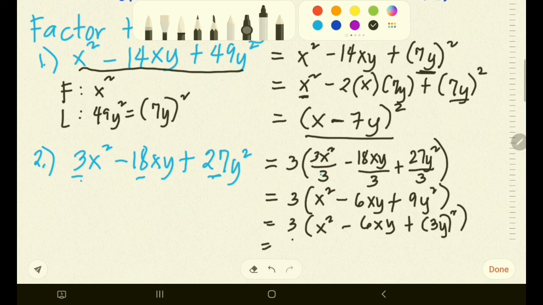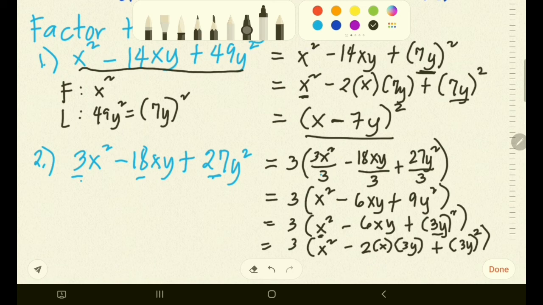Apply the pattern: x squared minus 2, base x, base 3y, plus quantity of 3y squared. So 2 times x times 3y is 6xy.